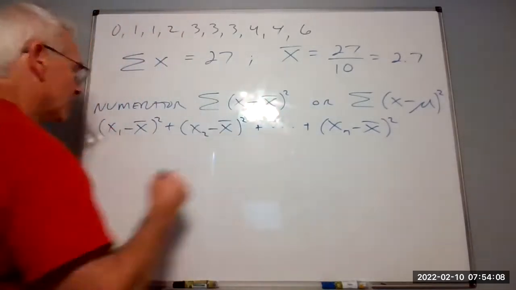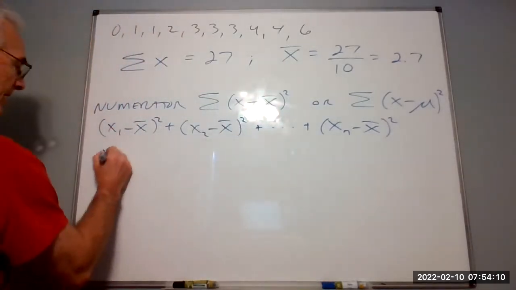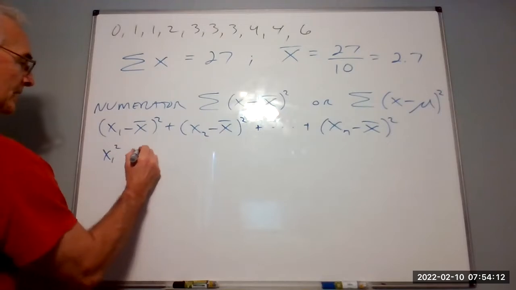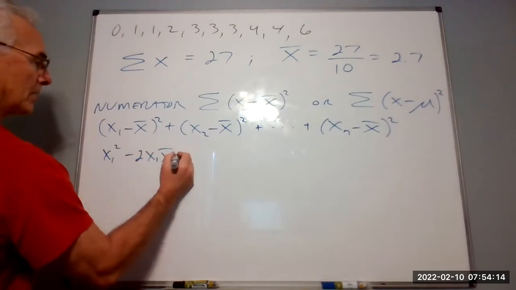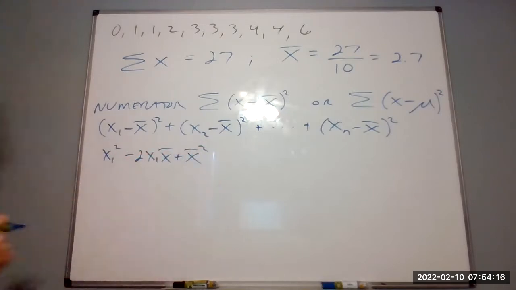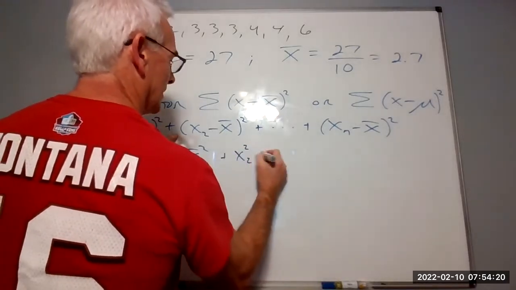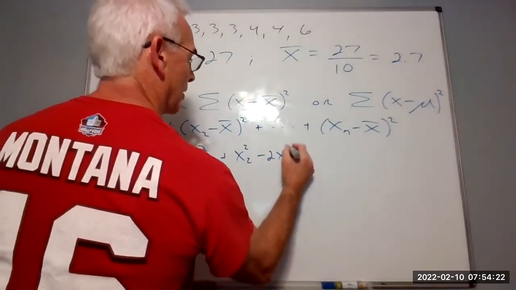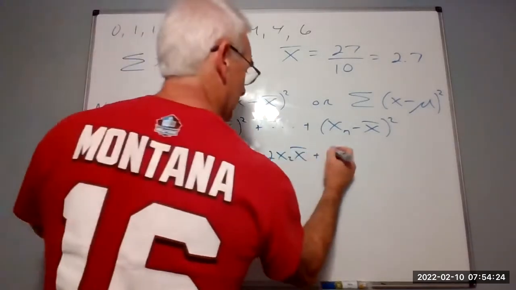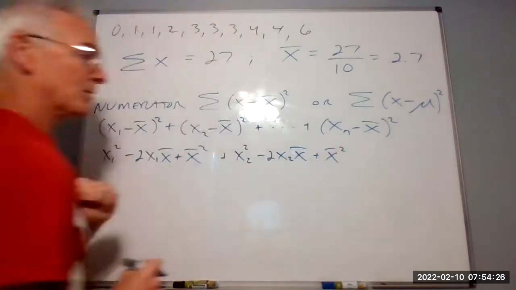So when I square this, it's going to be x1 squared minus 2 times x1 x bar plus x bar squared. That's what the first one would be. Plus x2 squared minus 2 x2 x bar plus x bar squared. That would be the second one.